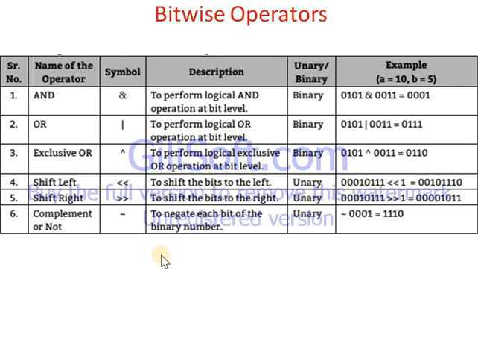And for the complement or NOT bitwise operator. The NOT operator is used to negate each bit of the binary number. Means the bit 0 is represented as 1, and 1 is represented as 0.